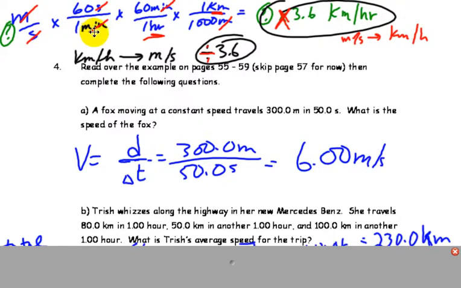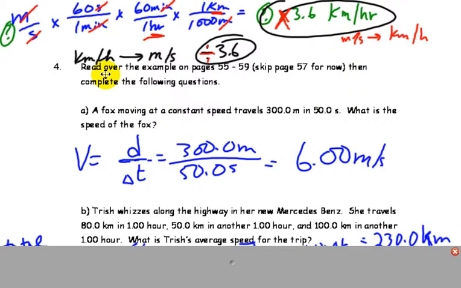I'd have meters per minute if I stop there. But if I go one more step, 60 minutes is 1 hour. And then changing meters to kilometers, you can see overall what I do here is 60 times 60 divided by 1,000. That ends up being 3.6. So if you have a number in meters per second, multiplying by 3.6 would change it to kilometers per hour, or vice versa.